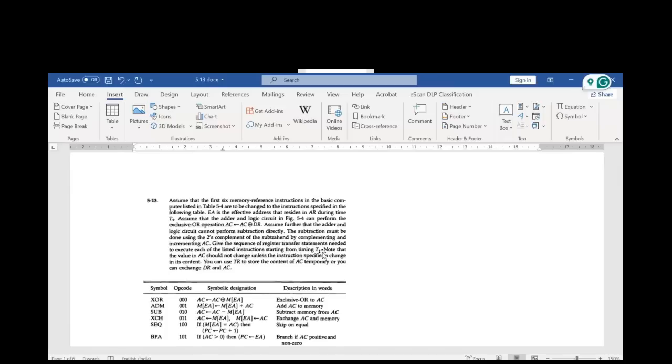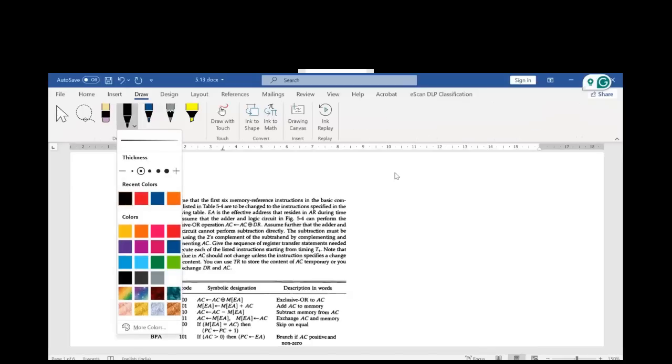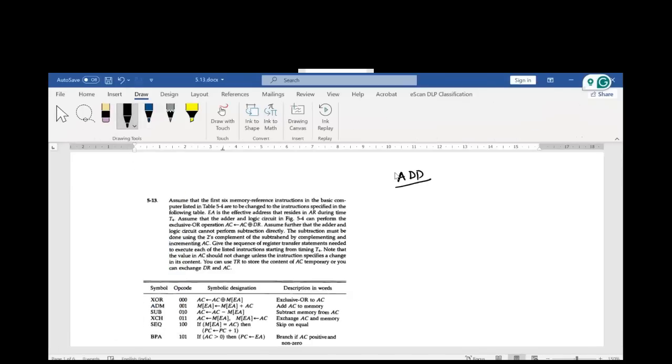Now, let us recall the concept. If you are asked to write what happens in a particular memory reference instruction, we had seen that the first memory reference instruction was AND. So how did we write it? We saw that D0 is the code for AND. At timing signal T4, what operation takes place?